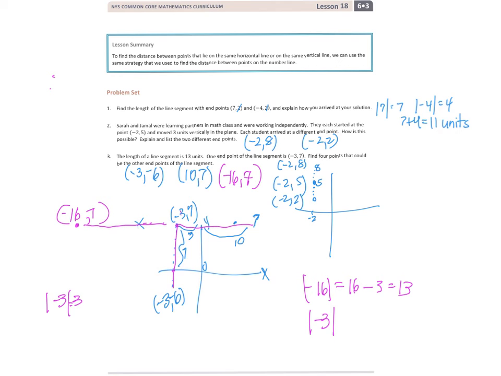Okay. We still have to find one more. So I've got 10, 7, negative 16, 7, and negative 3, negative 6. What if I go this side of the 7? 13. So I'm still going to subtract again, right?